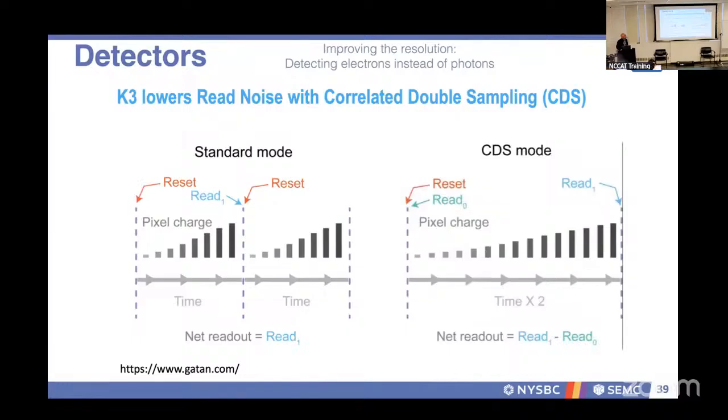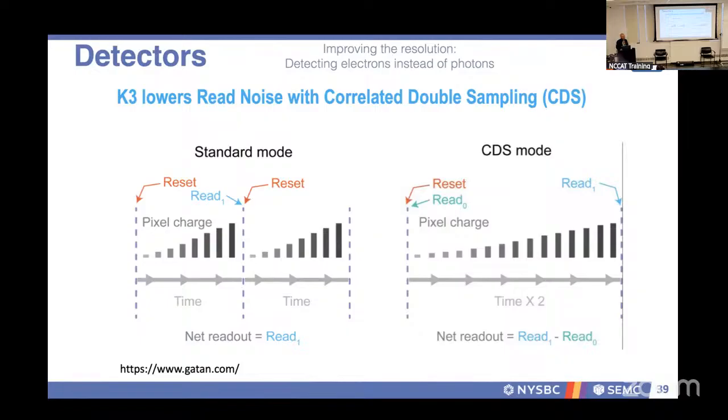Something that has been introduced more recently is something known as correlated double sampling for your detector. And normally what you would do is you would have your sensor, you would reset the sensor, and then you would have an event and you would read it out. But what ends up happening is that your pixel might not reset necessarily to 0.